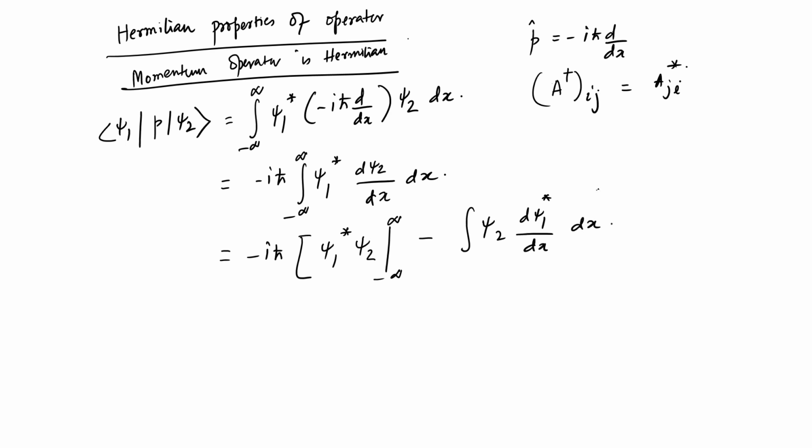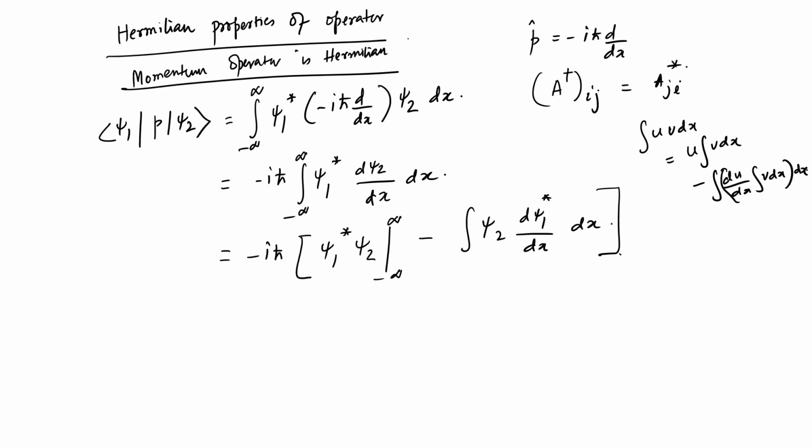Okay. So, that is the result for this. So, you take psi 1 star as the first function and d psi 2/dx as the second function. So, the integral of u v dx is equal to u times the integral of v dx, minus the integral of du/dx times the integral of v dx, the whole dx.